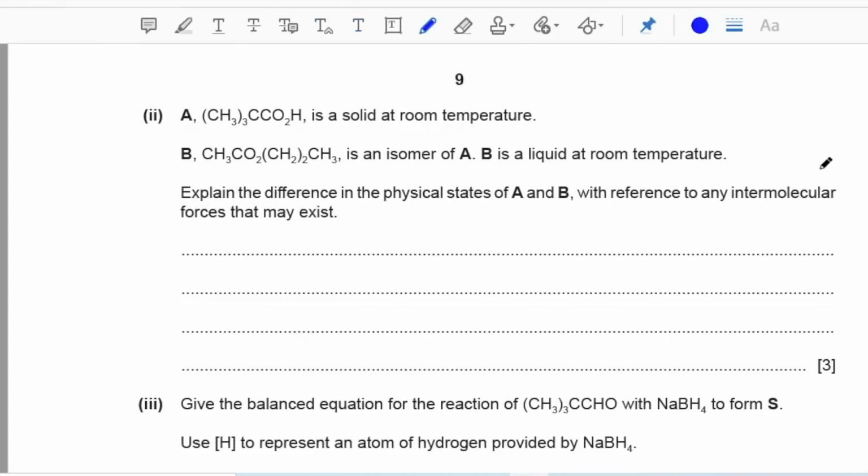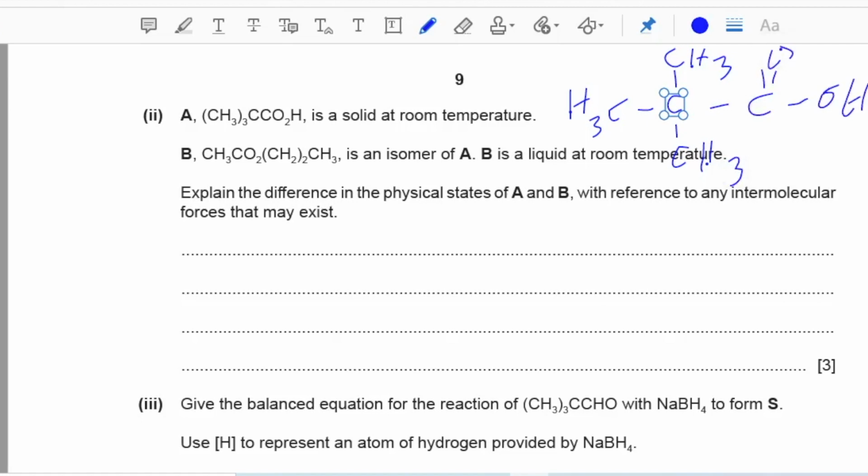First of all, I'll draw the structures of both A and B. A looks like this. Carbon atom has 3 methyl groups attached to it. Then there is a carboxylic acid functional group.